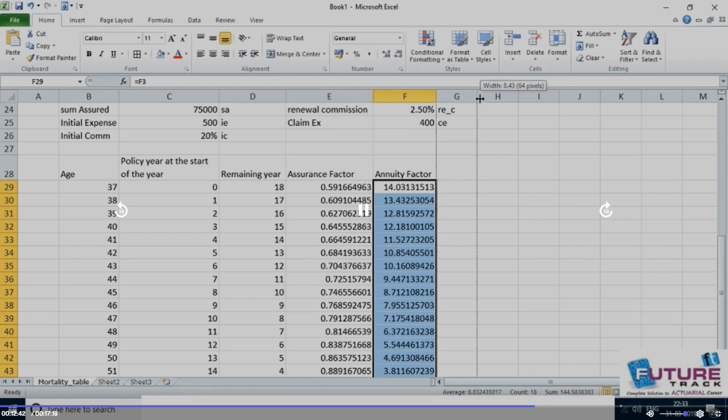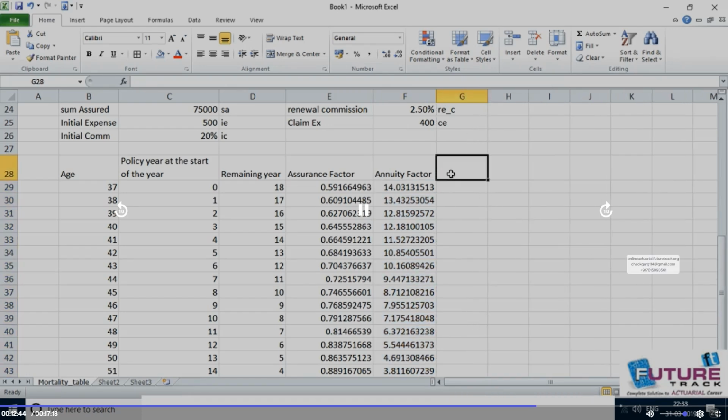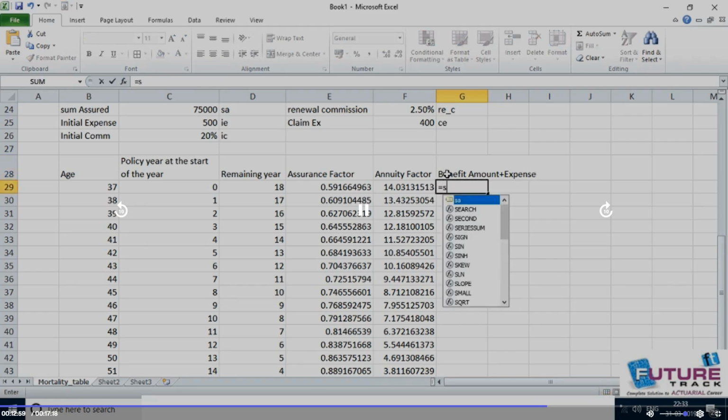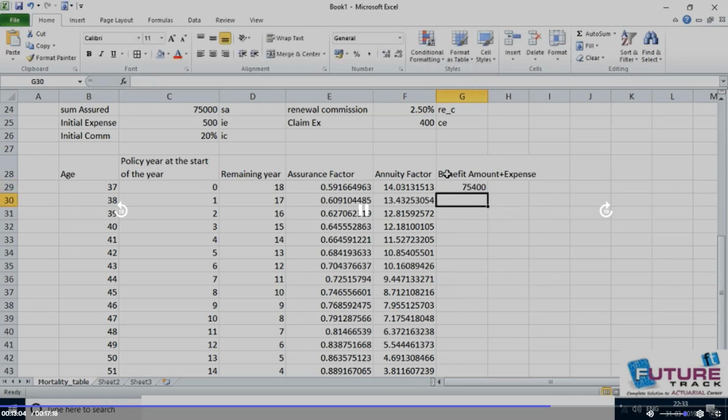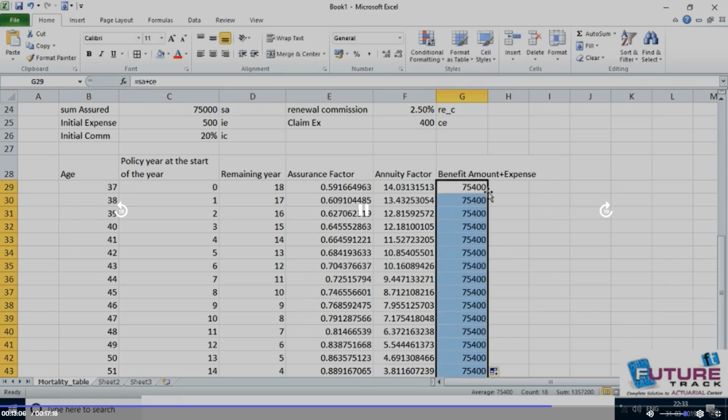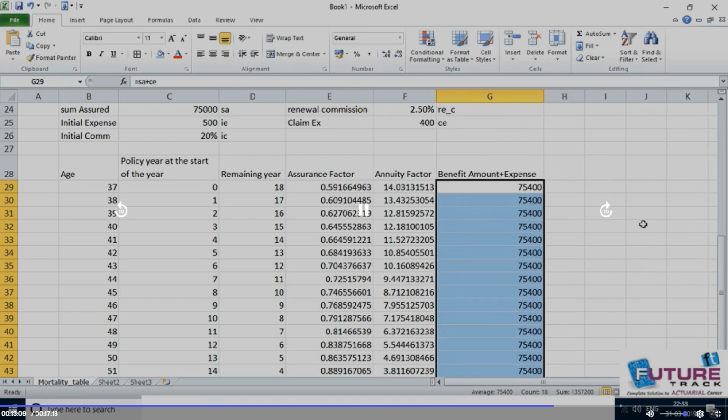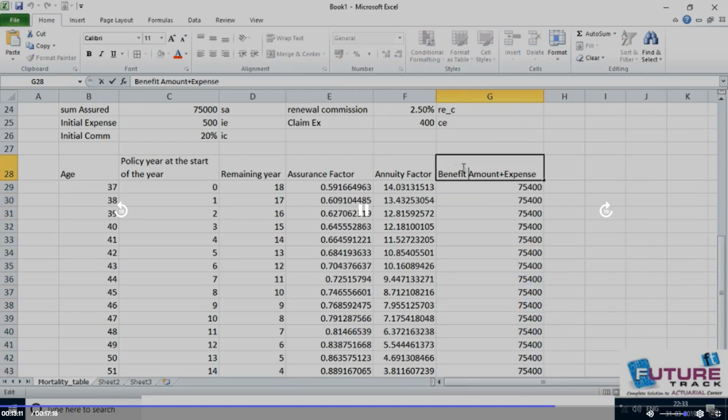Now benefit amount plus expense. So what is the benefit amount? Sum assured plus the claim expense. Fine. So we get this, just click it. This you can say is the term.